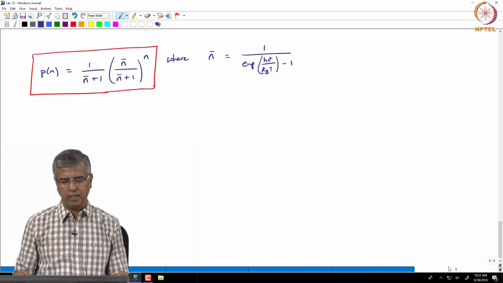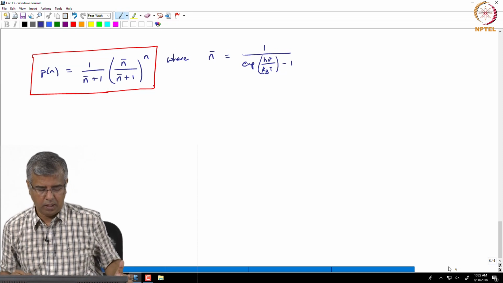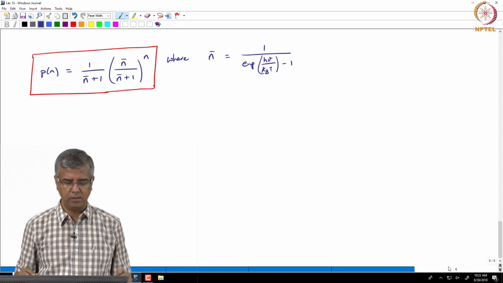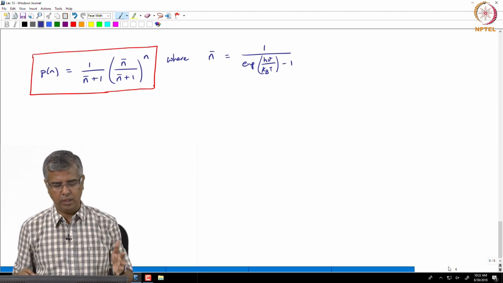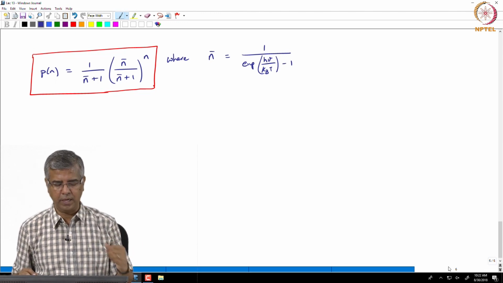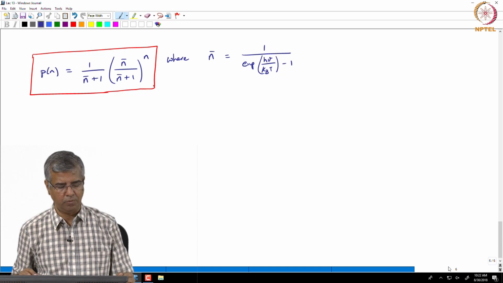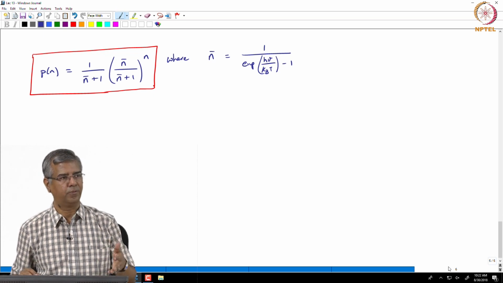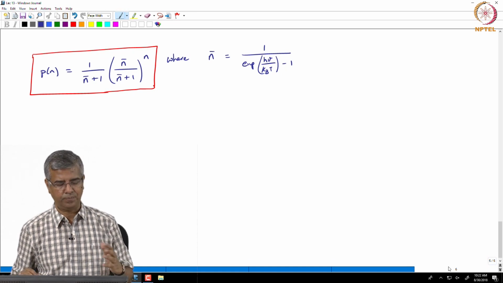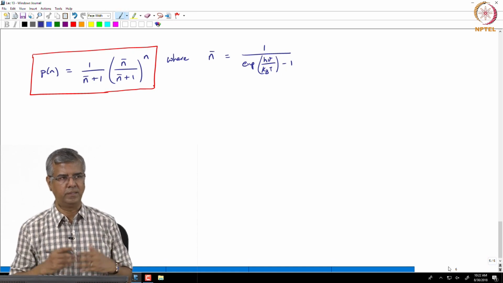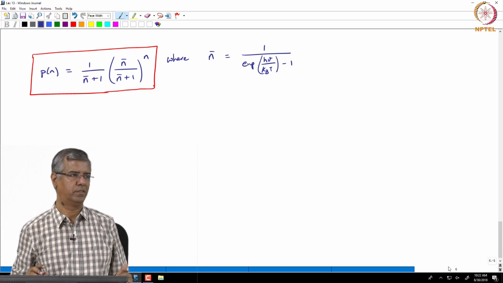So if we actually plot this P of n, we have had this discussion before, where we were looking at the probability of emitting n photons for a generic light source, right.